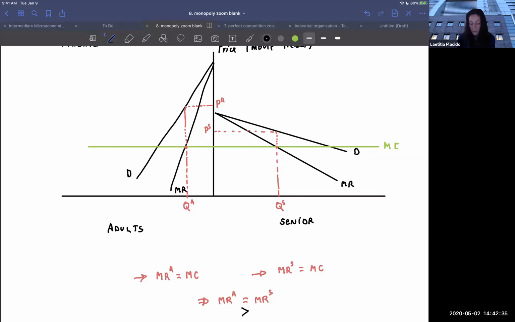So it would prefer to transfer one ticket from the senior market to the adult market. So it must be the case that the marginal revenue must be equal in the two groups.